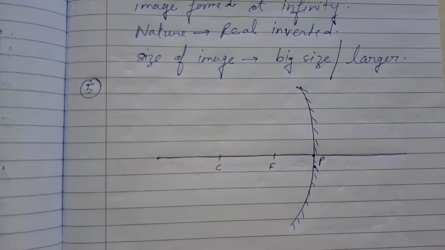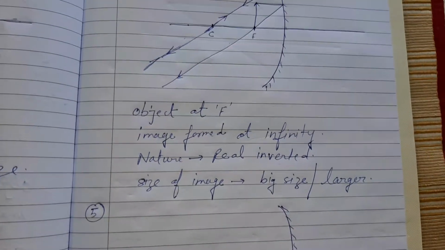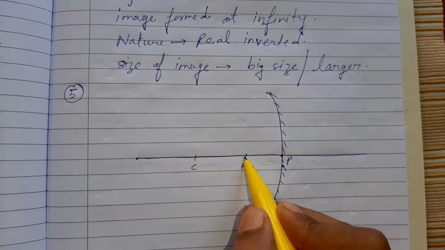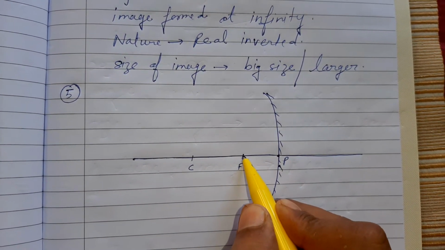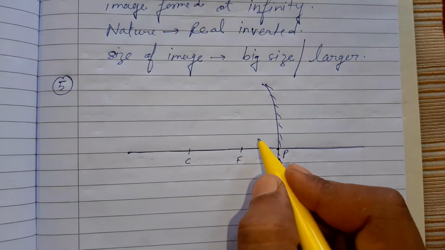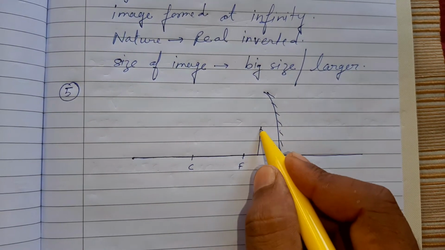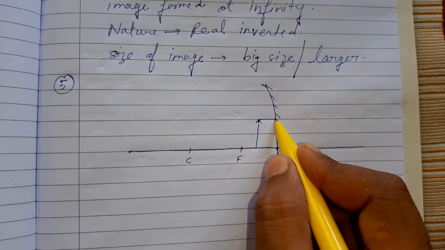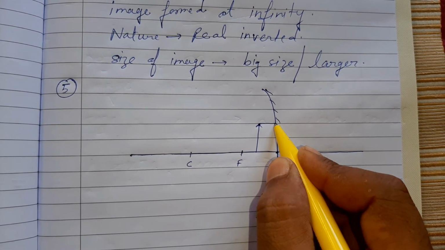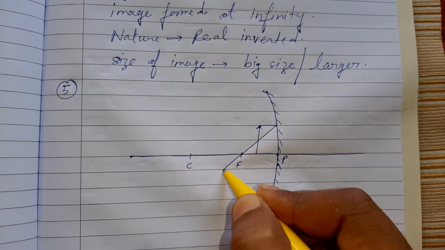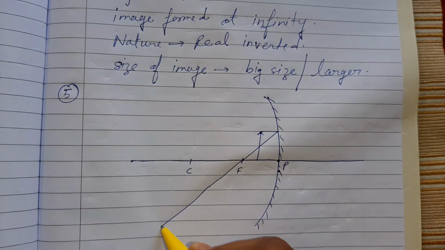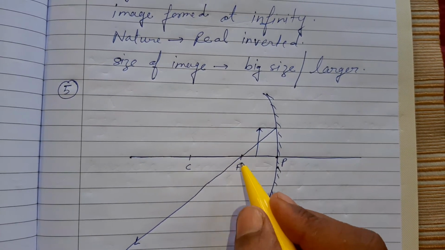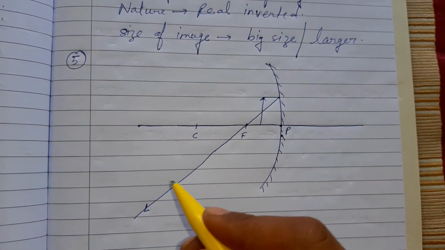In this case the object is between F and P, where F stands for focus, so the object is here. When the ray of light falls from this direction, after reflection it goes from this direction, through the focus.